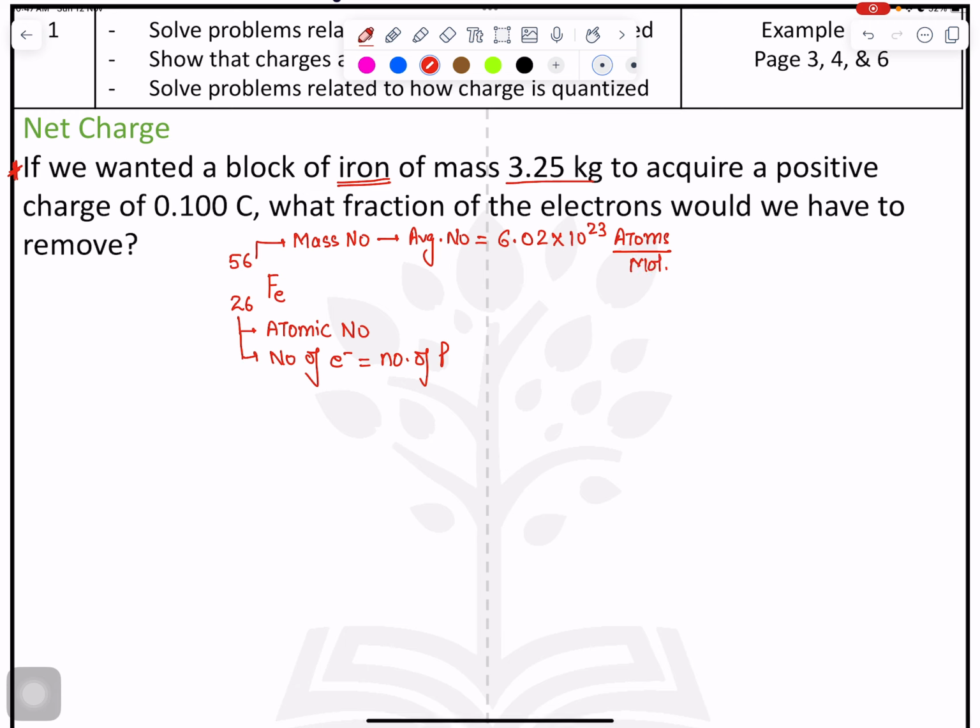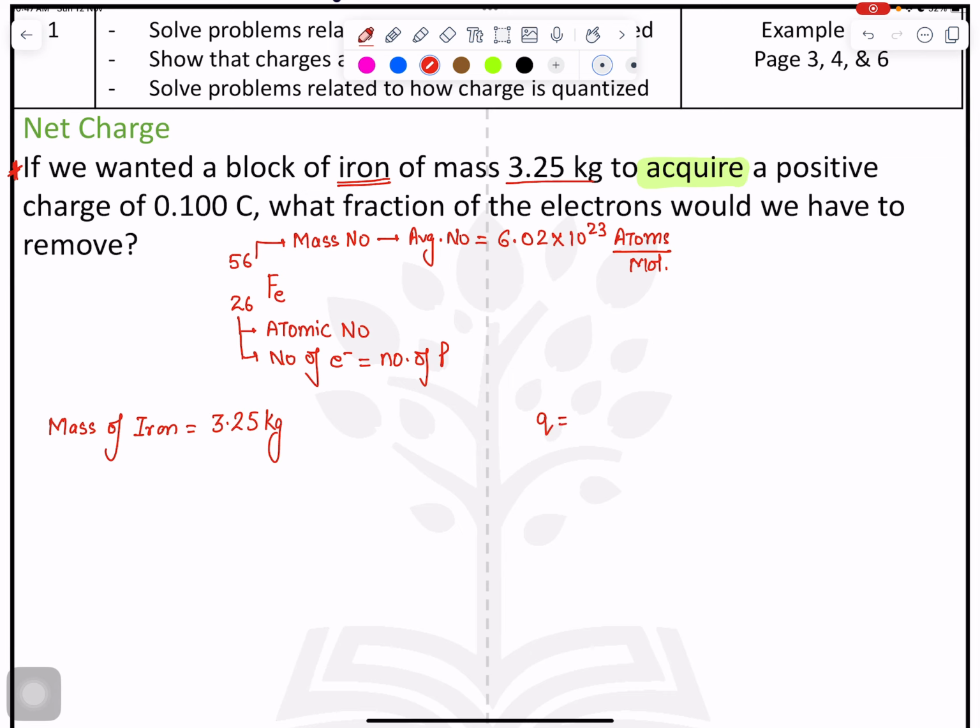So if we wanted a block of iron, mass is given. So mass of iron equals 3.25 kg. To acquire a positive charge, how much charge are we looking for?